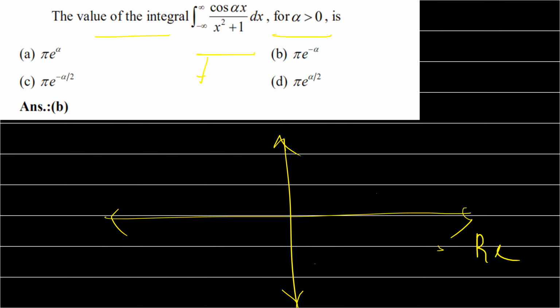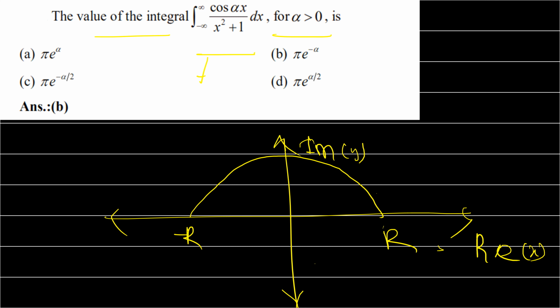Then for real integration, we have a curve, a semicircle like this, which is extended. This is minus a, and this is plus a. This is the real part, that is x, and the imaginary part, y.